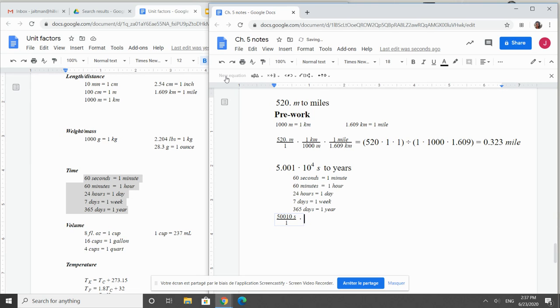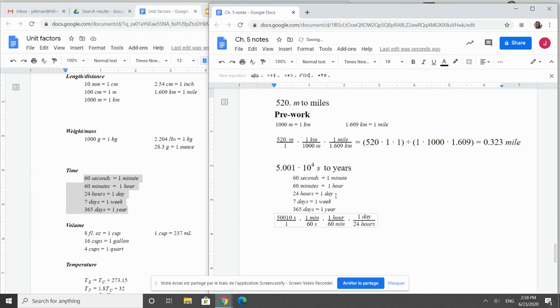So because I have seconds up top, I must have seconds on the bottom. Because minutes is up top, minutes must be on bottom. Because hours is up top, hours must be on bottom.